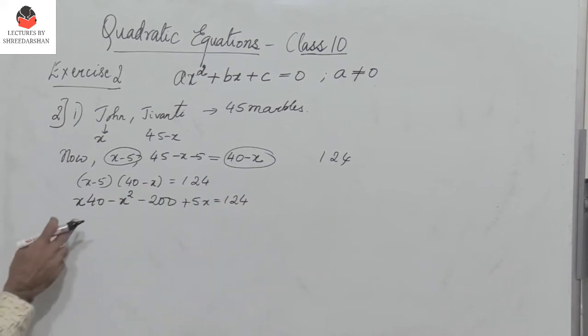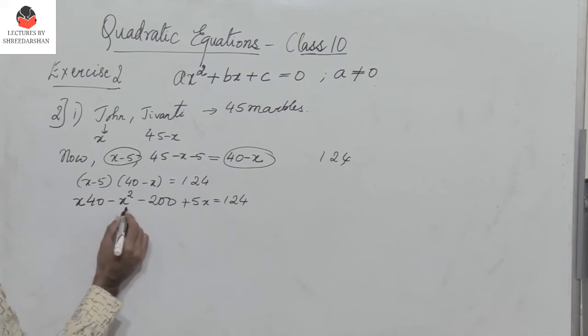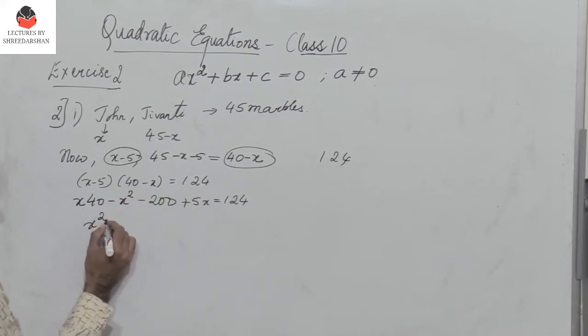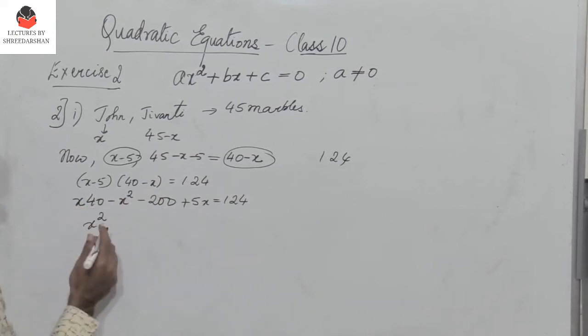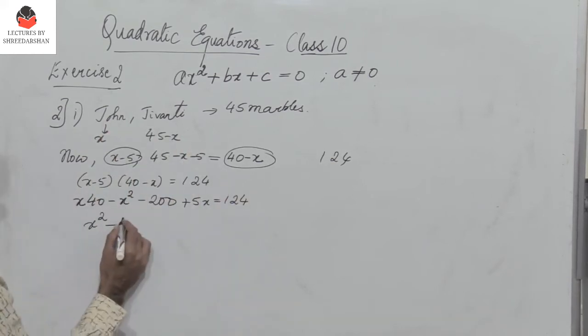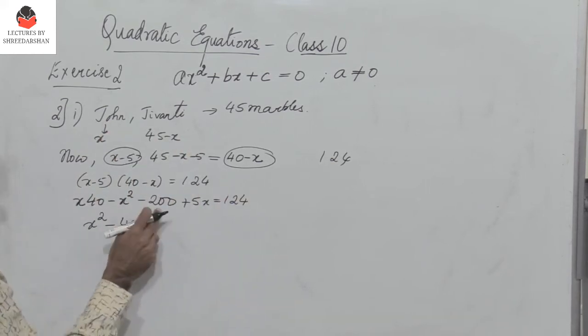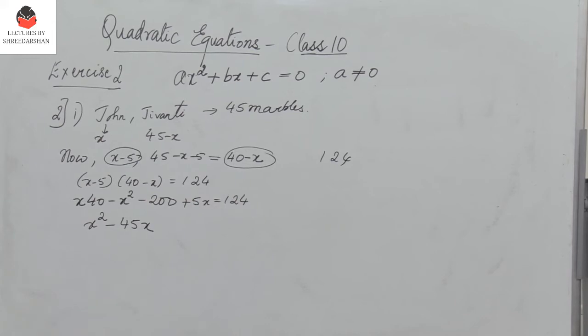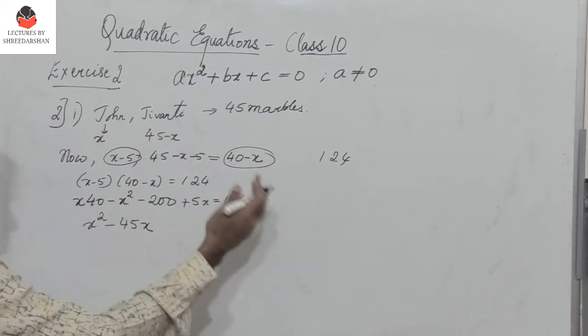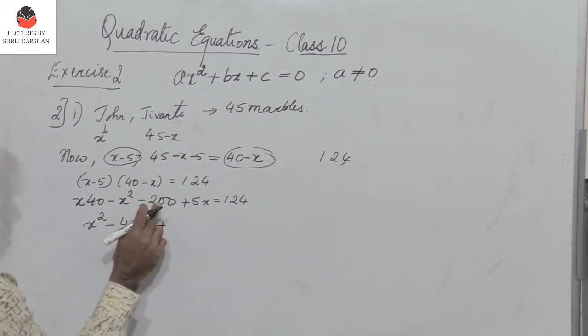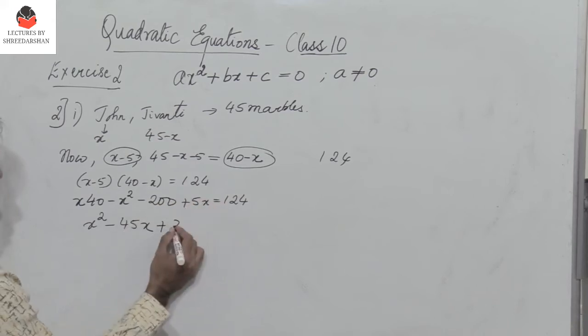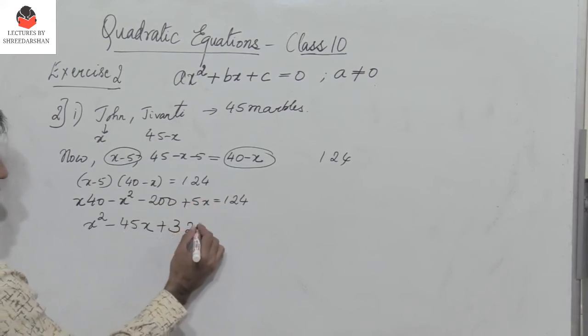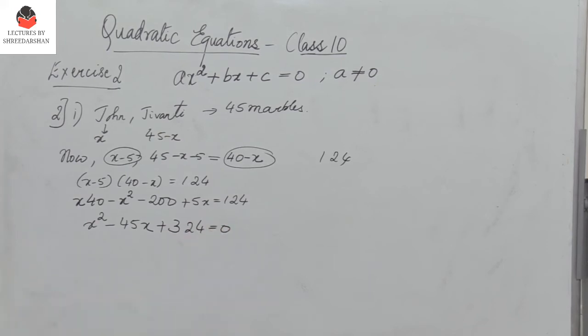So when I take all of them to RHS, this becomes x square, this becomes 40 plus 5 is 45, so minus 45x, and minus 200 becomes plus 200, plus 124, which is 324, equal to 0.